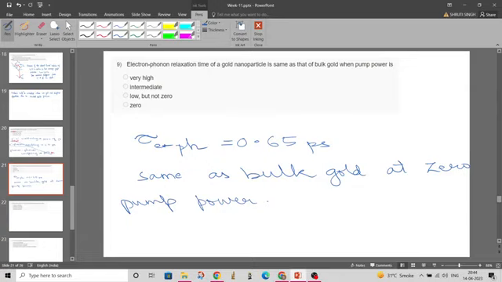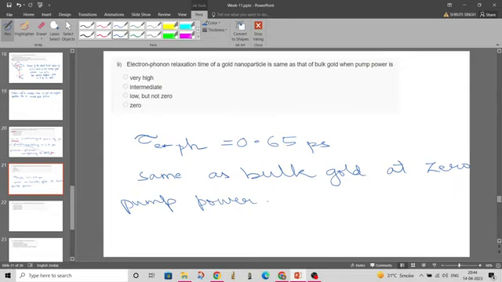When you extrapolate to 0 pump power, the electron-phonon coupling is the same as that of bulk gold.